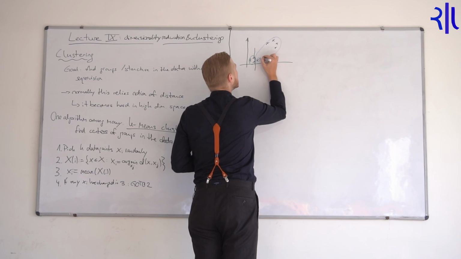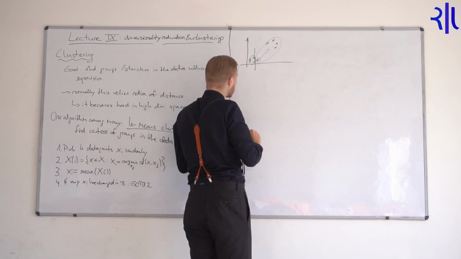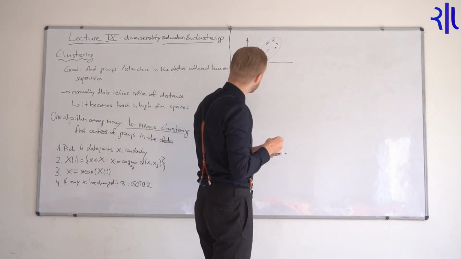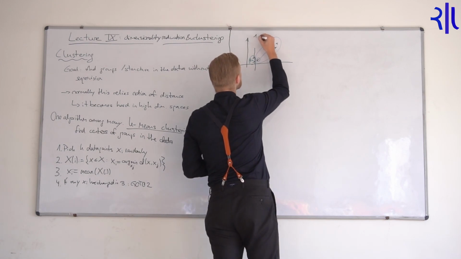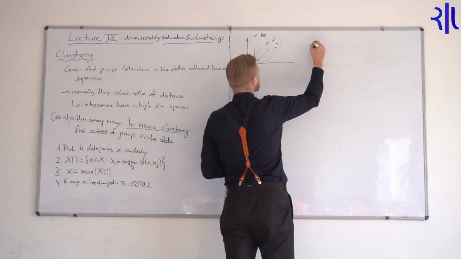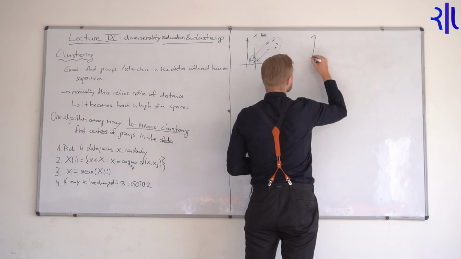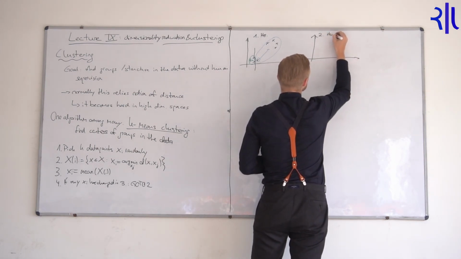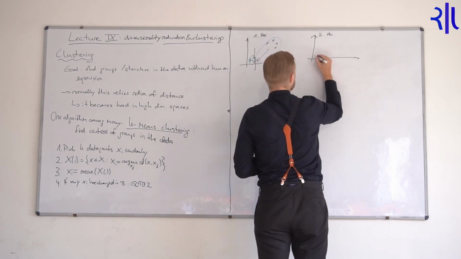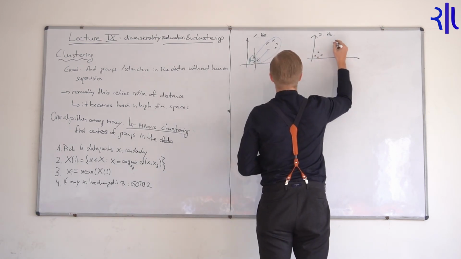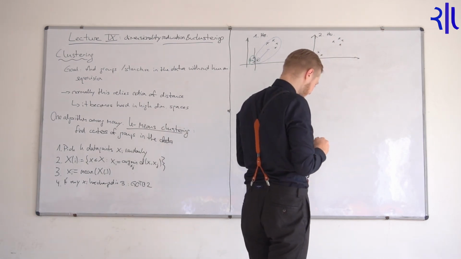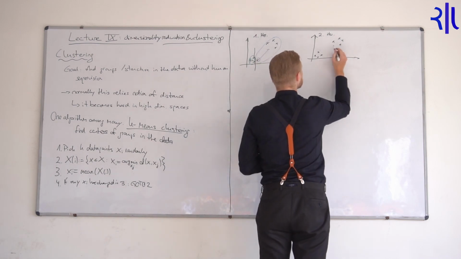So blue will maybe go over here. Green might go over here. And from there, we repeat the process.